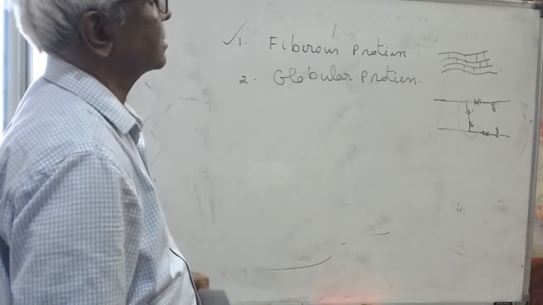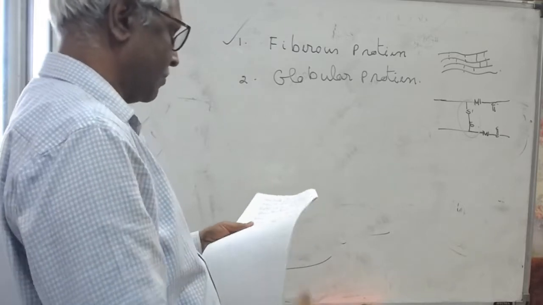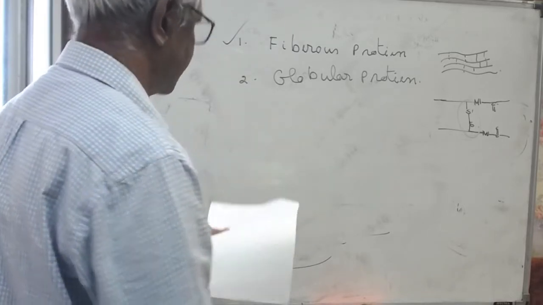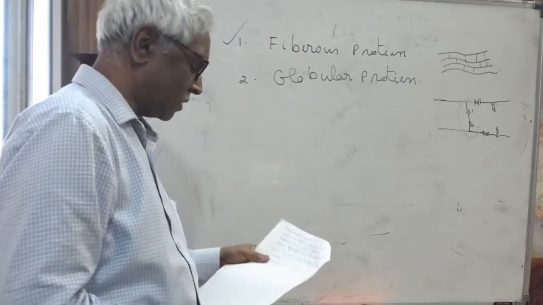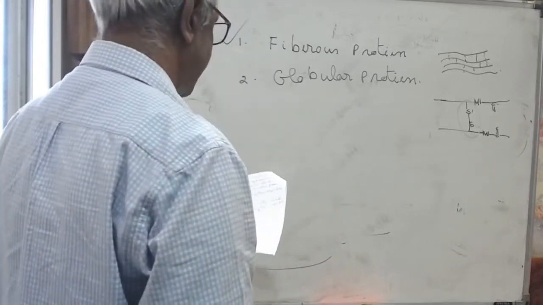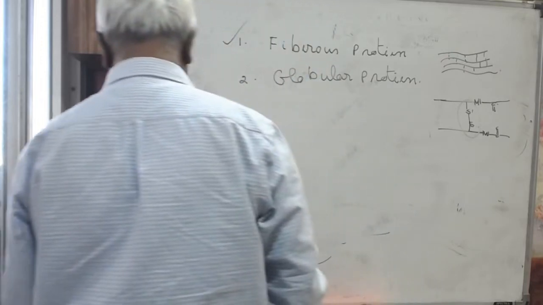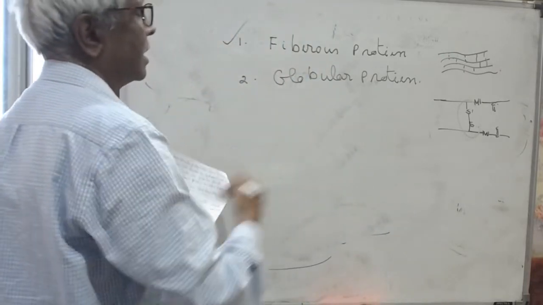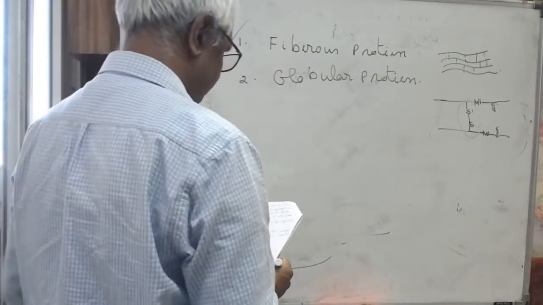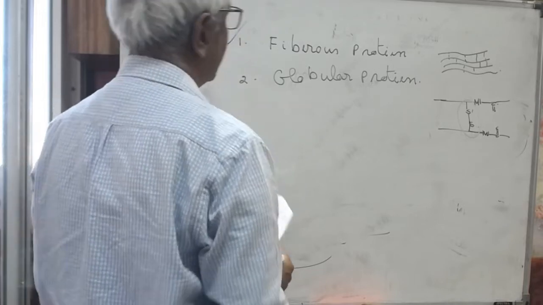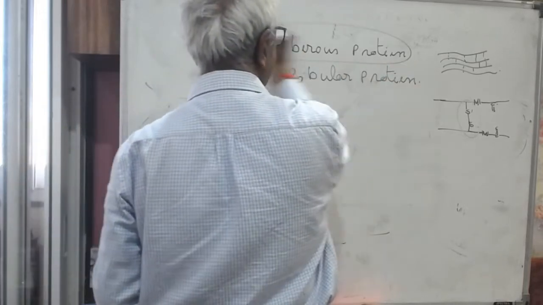A fibrous structure is formed. Such proteins are called fibrous proteins. They are long polypeptide chains in bundle form, parallel, linear structures. So these fibers are water insoluble. Fibrous proteins are water insoluble.